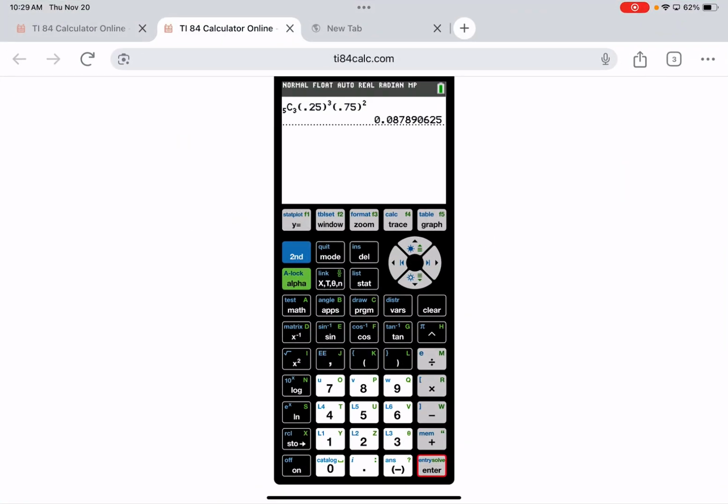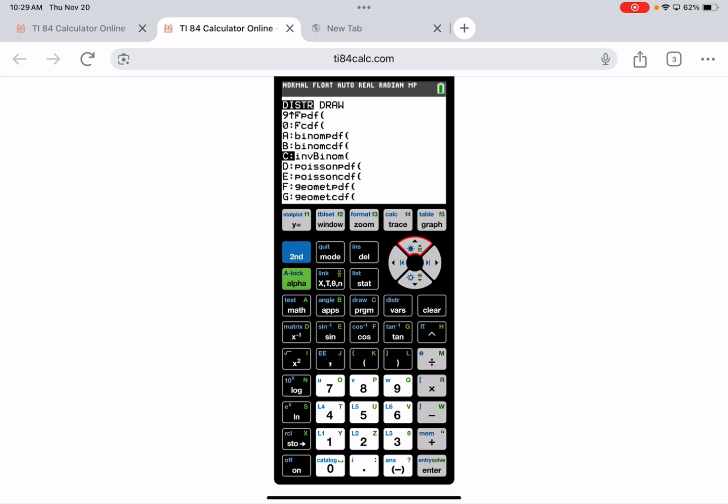So back when we did like normal CDF, inverse norm, things like that, it's been a while. The distribution menu we find by hitting second, and then the vars key right below the arrows. So second, vars. And then the function we want, the quickest way to it is just by going up. About top third there, we see a binom PDF and a binom CDF.